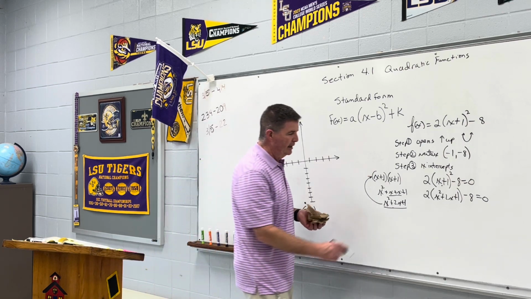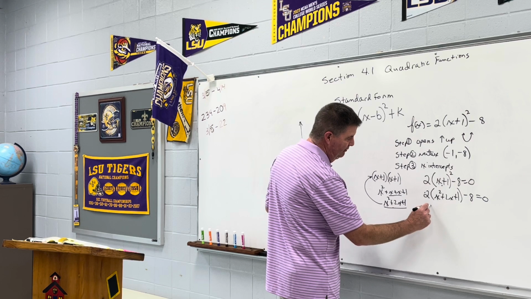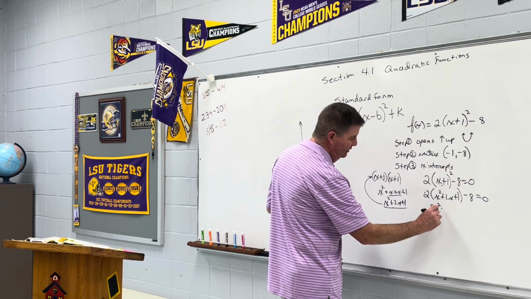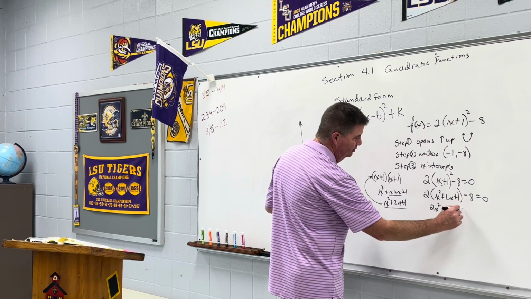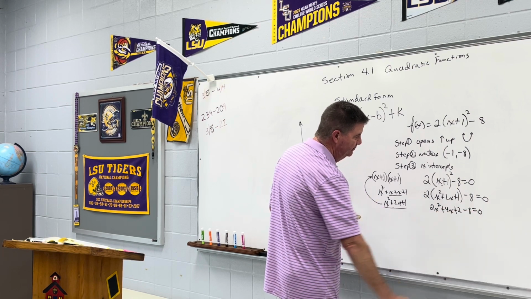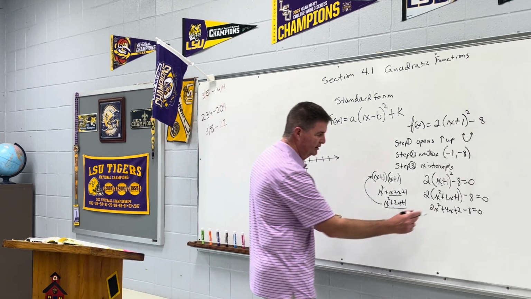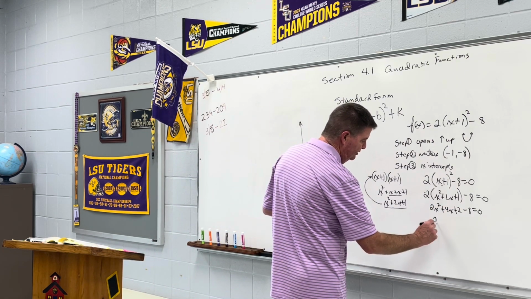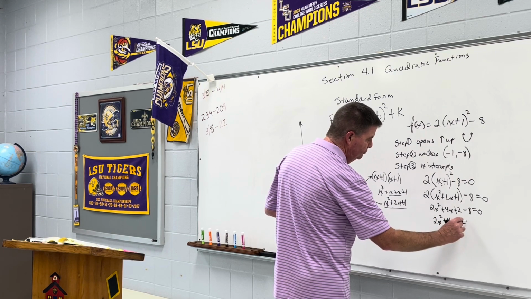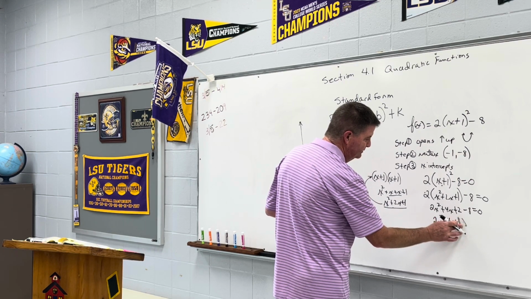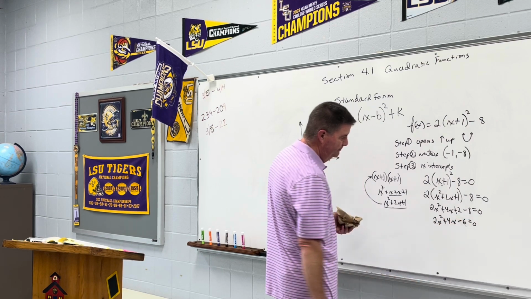So now I'm going to distribute the 2. So I have what? 2x squared plus 4x plus 2 minus 8 equals 0. And then what? Collect my like terms here. 2x squared plus 4x minus 6 equals 0.